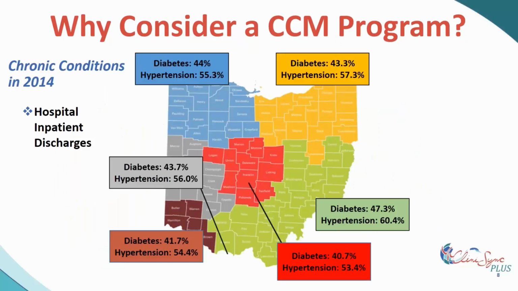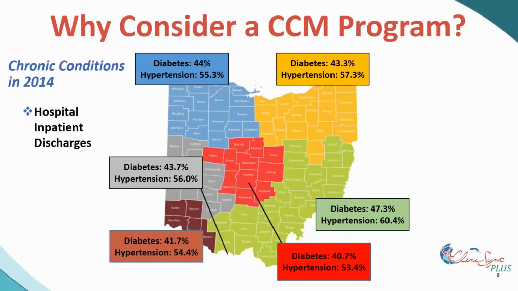And Ohio does have a very, very high occurrence of both diabetes and hypertension. This slide's from a presentation that my good friend and partner, Kathy Costello, did a couple months ago, I believe. This is showing the 2014 chronic conditions.